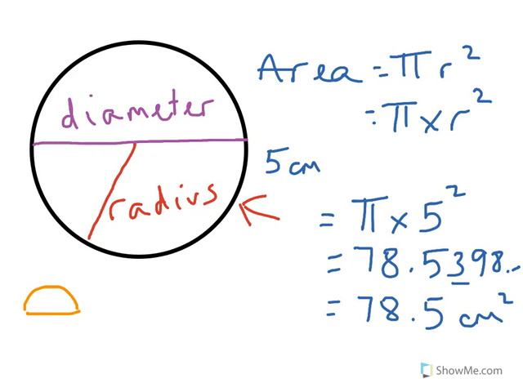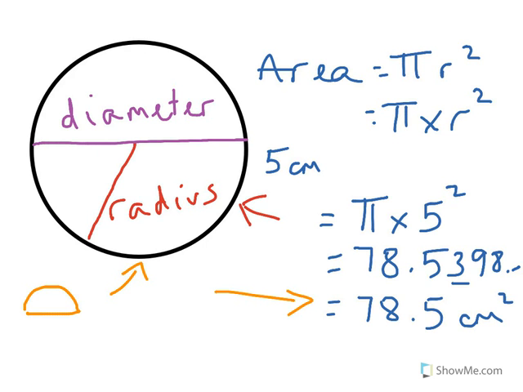If you wanted to know the area of a semicircle, so for example here is a semicircle, you would still find the area of the full circle. So you would imagine that it's a full circle. So let's say it's the same size as this one was up here. So our radius is still 5. So you work it out as if it's a full circle. So you would get your answer of 78.5.